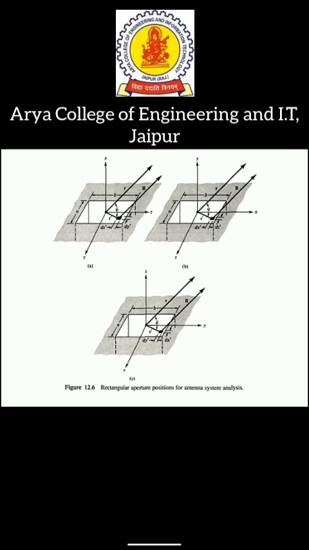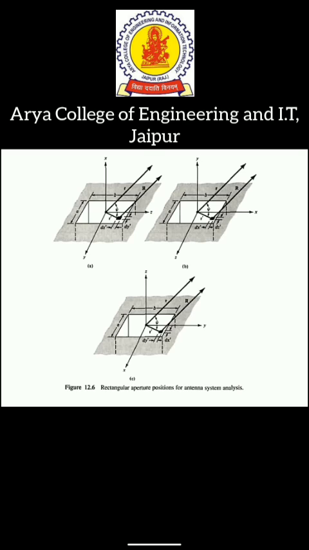What I am going to tell you is there is a bit of difference when we change the position of the aperture antenna. The analytical forms of the fields for each of the arrangements are not going to be the same, but the computed values will be the same, since the physical aperture is the same in all three cases.